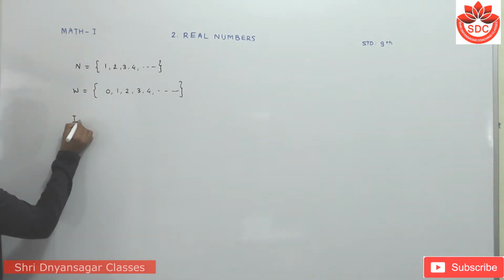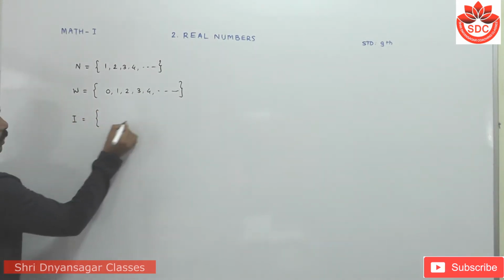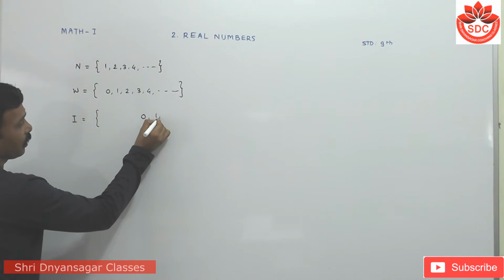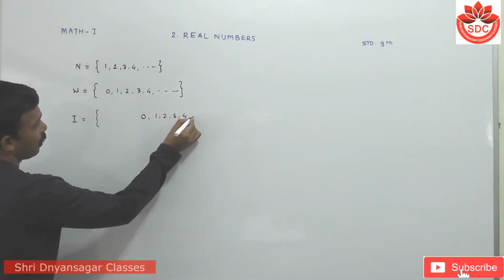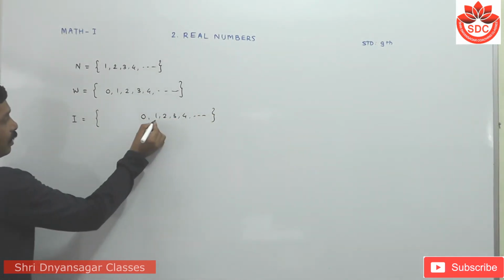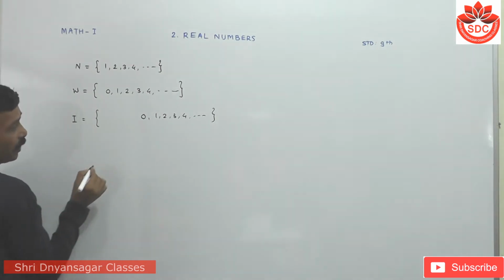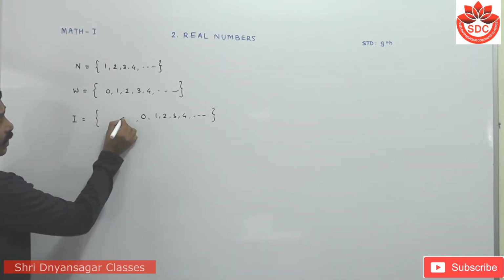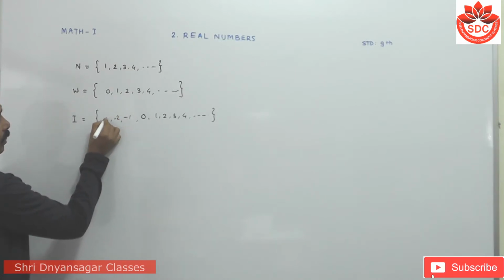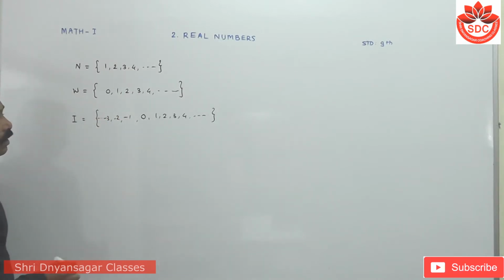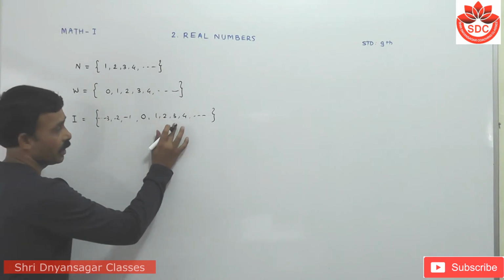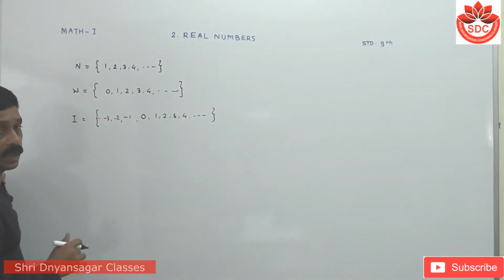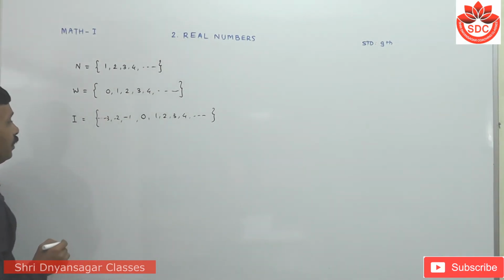Then integers is I. Natural numbers, 0, and opposite of these natural numbers are called the integers.